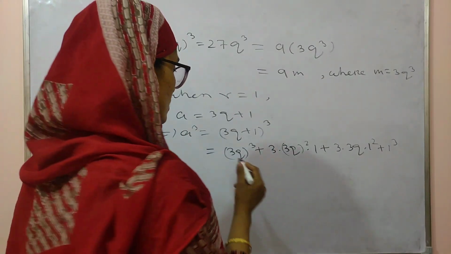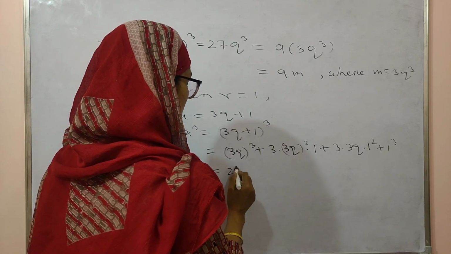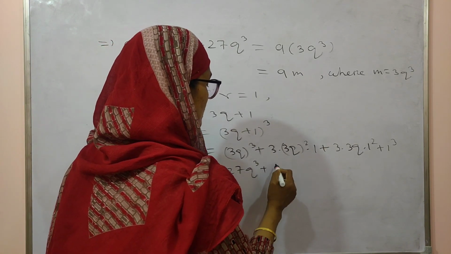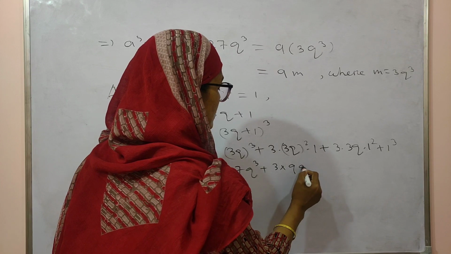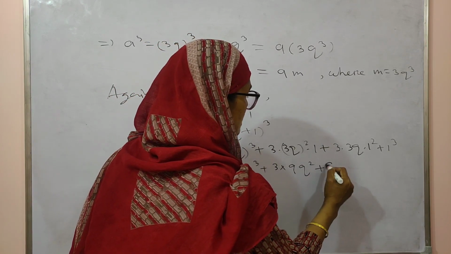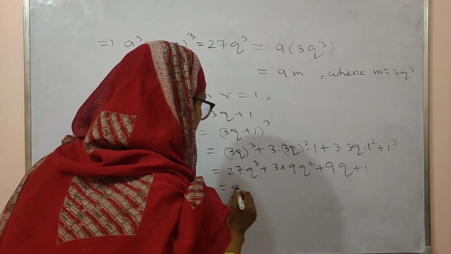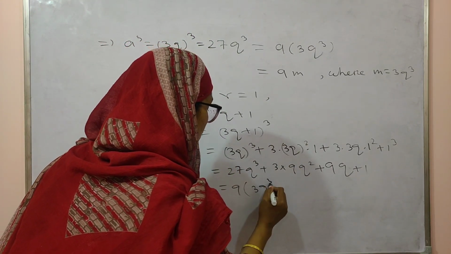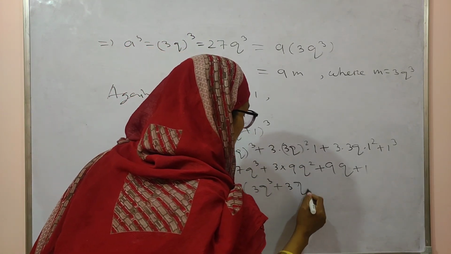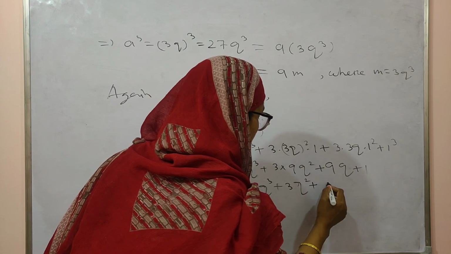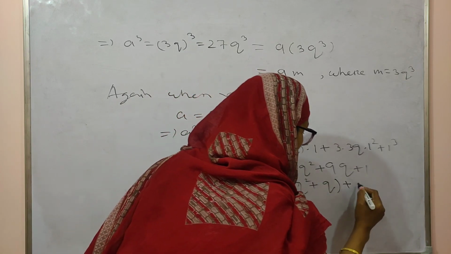This is the formula of a plus b whole cube. 27q cube plus 3 into 9q square plus 9q plus 1. Now take common 9. You will get 9 times 3q cube plus 3q square plus q, plus 1.